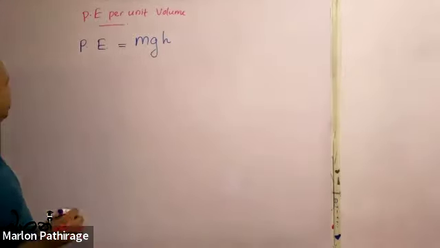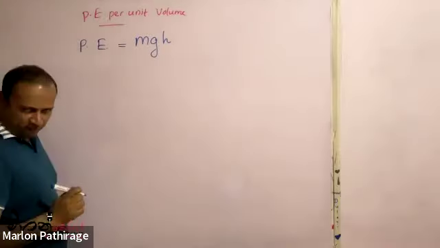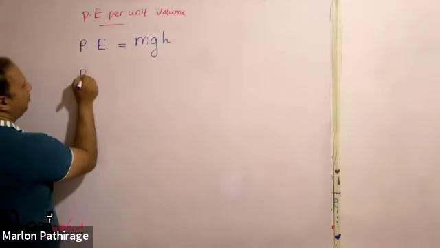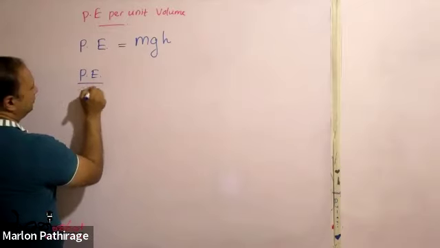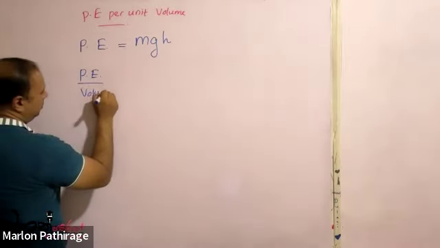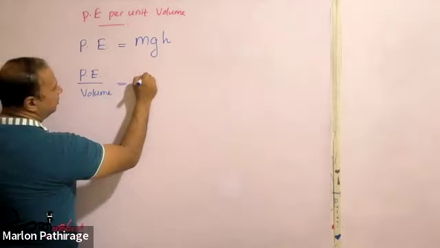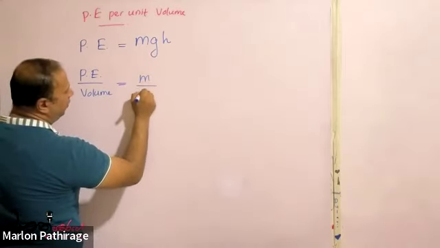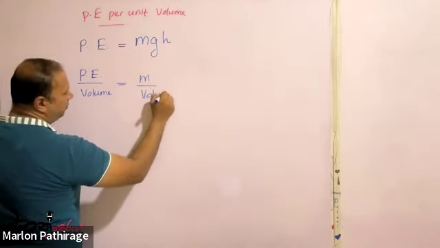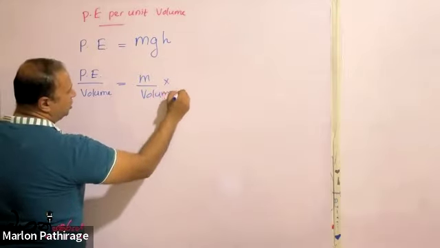If I divide both sides by volume, then we have mass over volume into gh.